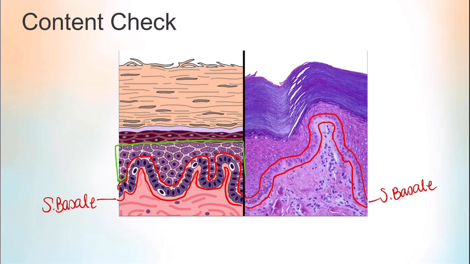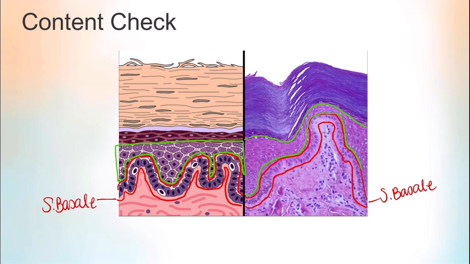Now, luckily, this drawn image is really easy to see the difference, but in our slide image, it's not necessarily as easy. Obviously, you guys have been practicing with your histological images, so some of you may feel like a pro, some of you may not feel like a pro yet, and that is totally okay. So we're just going to roughly outline where this would be. So it's going to be all of that lighter area.